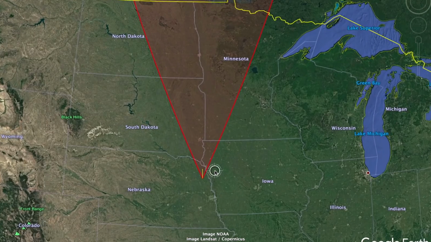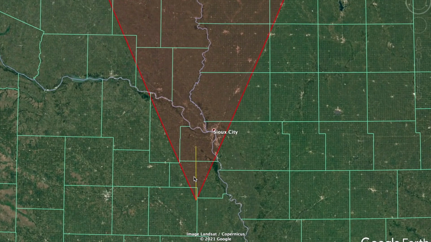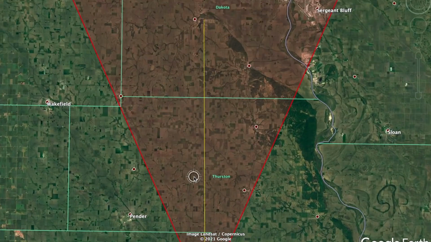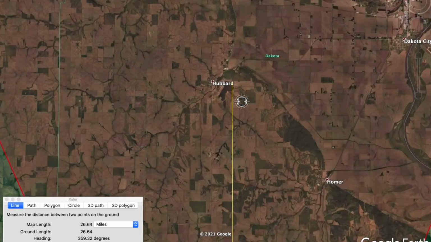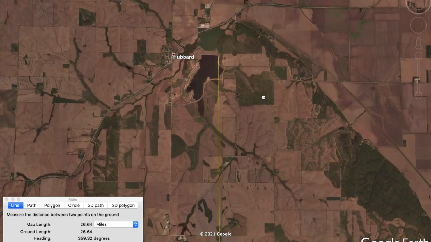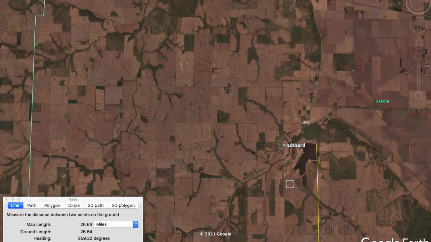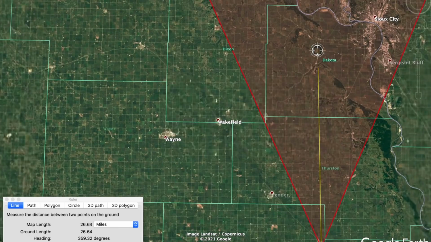Now, if we can identify features on the ground, we don't need relative motion to determine our distance. And here's constraint one, how I determined that I am 26.6 miles away. There's this reservoir there, and we can measure its width, as we've seen in the infrared image. It shows up.